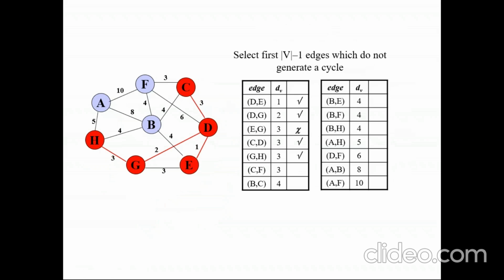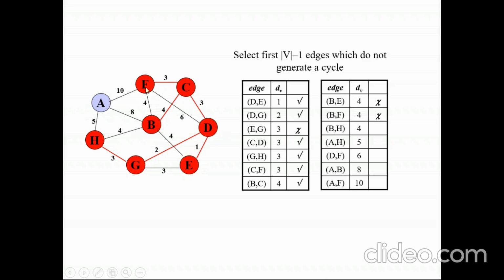Next, we move on to the edge GH, which has weight 3. Pick it up. CF does not form a cycle, so pick it up. BC does not form a cycle, so we have picked it up. BE forms a cycle, which we can see here among these 4 vertices, so BE is not picked up.